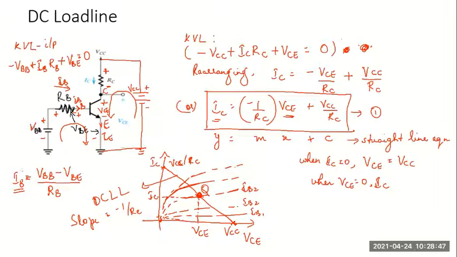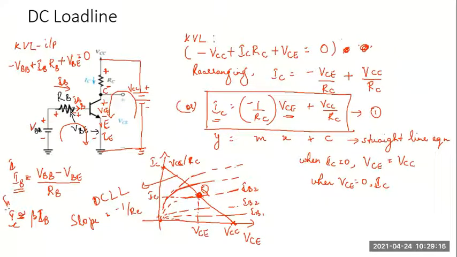If I fix the base current, how is the collector current dependent on the base current? What's the relationship between IC and IB? Beta IB. Neglecting the second term, I can say IC is approximately equal to beta IB. So the first thing we have to do in a biasing circuit is to fix the base current.